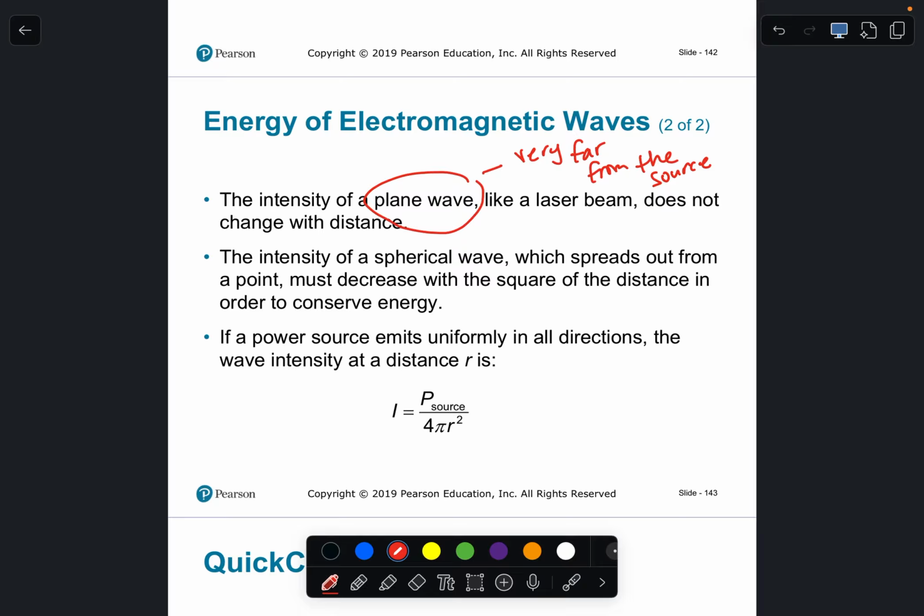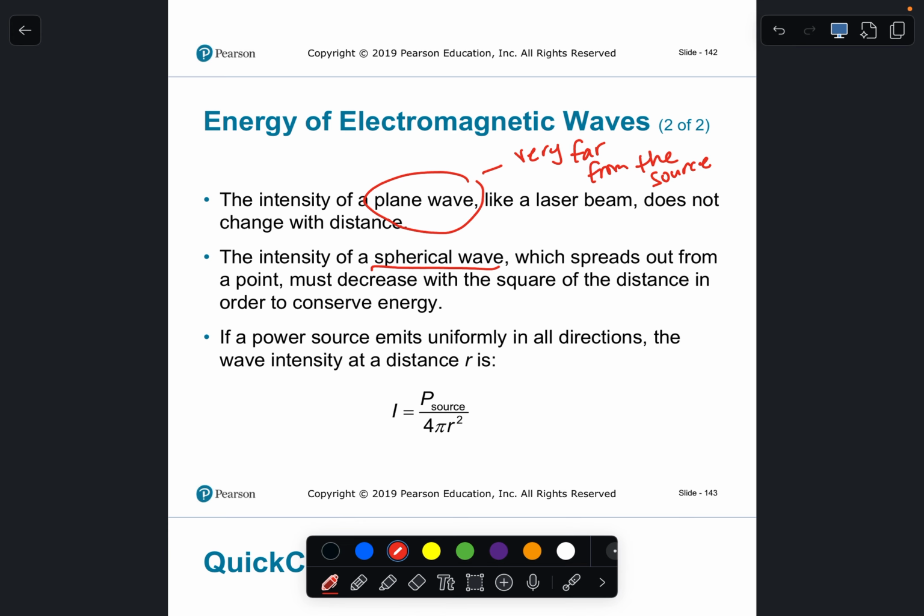That's because when you're close to the source, light behaves like a spherical wave, where it starts off at a point and then spreads out equally in all directions like a sphere. So whenever we are calculating the intensity of an electromagnetic wave, we're going to treat it as a spherical wave, which spreads out from a point.